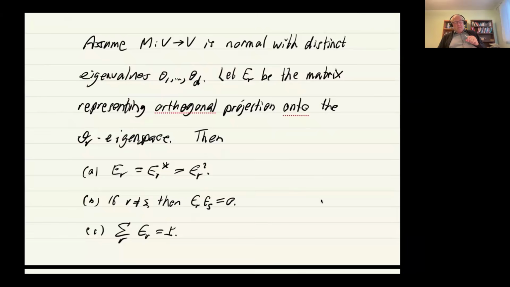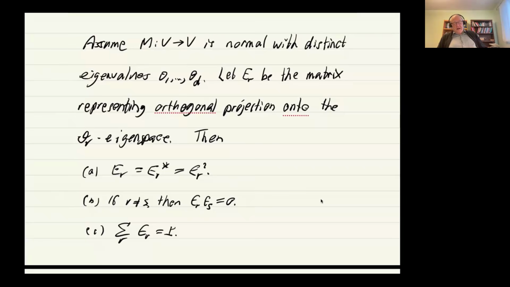Because it represents orthogonal projection, it's self-adjoint and P squared is equal to P, so we get that E_r is equal to its conjugate transpose, and is also equal to E_r squared. So it's Hermitian and idempotent. If r is not equal to s, then E_r E_s is equal to 0, because it's a projection onto the intersection of the theta r eigenspace and the theta s eigenspace, and that's 0.